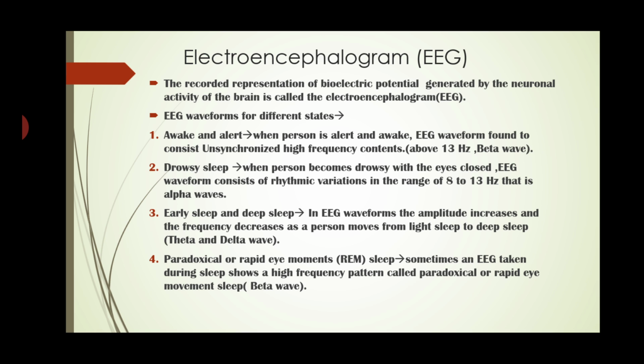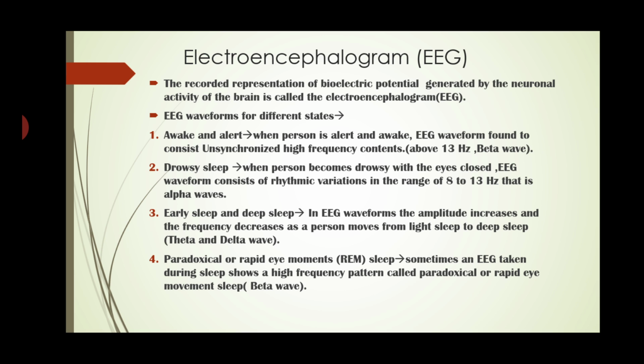Second is drowsy sleep. When a person becomes drowsy with eyes closed, the EEG waveform consists of rhythmic variation in the range of 8 to 13 Hertz, that is alpha waves. Third, early sleep and deep sleep.